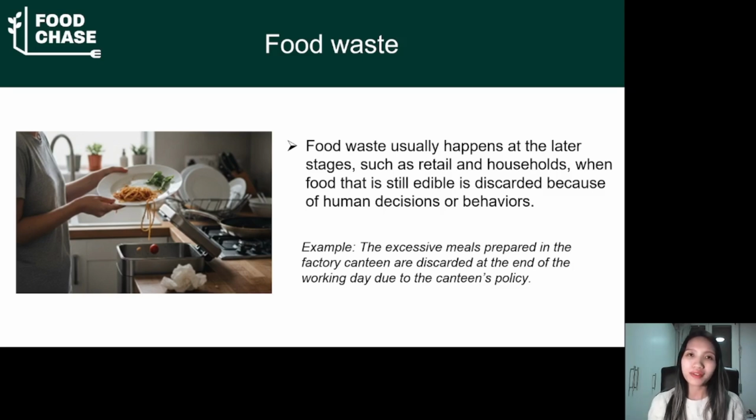For example, you can see in the photo a person is throwing the leftovers away. Maybe they don't like the food or for some reason they cannot keep it any longer. Another example is the excessive meals prepared in the factory canteen that are discarded at the end of the day due to the canteen policy.